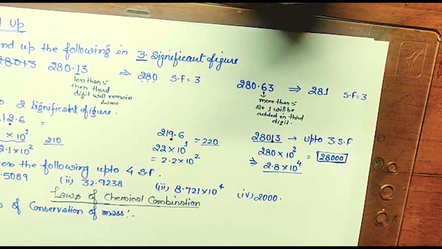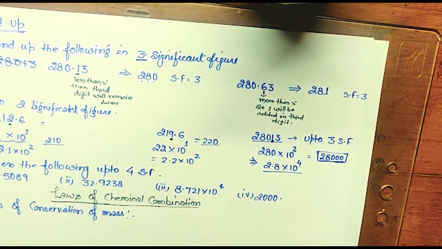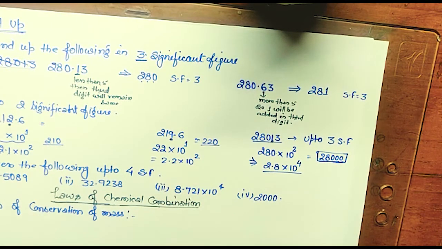Okay. So the law of conservation of mass says that the mass of the reactants and products, that means the mass before the reaction and after the reaction, will be the same, isn't it?